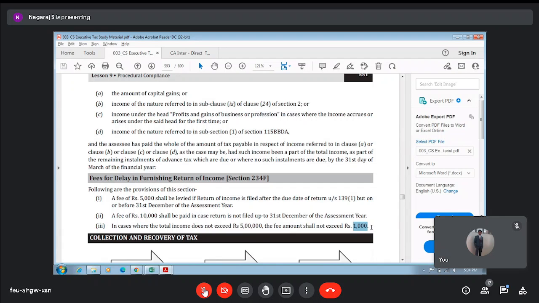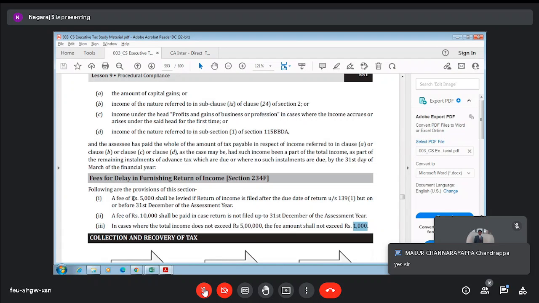Understood? There are 3 slabs. You have not filed the return on the due date, but you have filed on or before 31st December, 5,000 rupees.